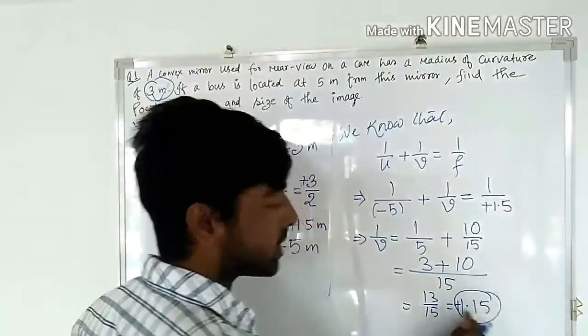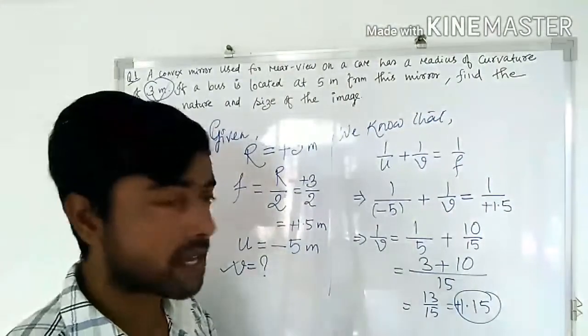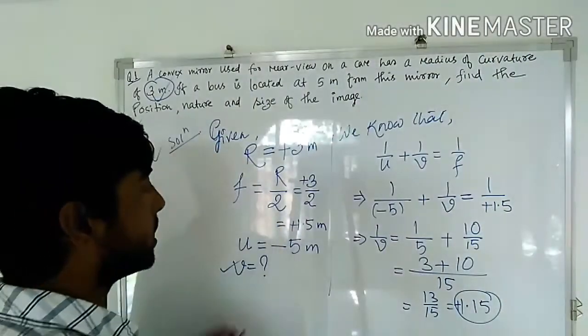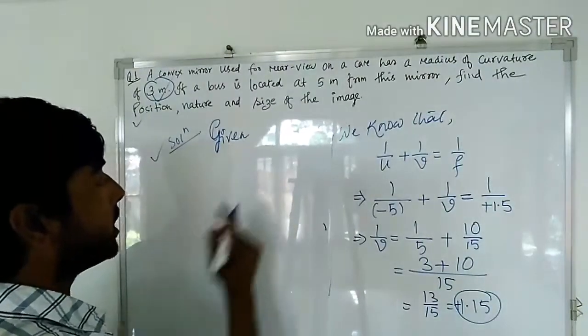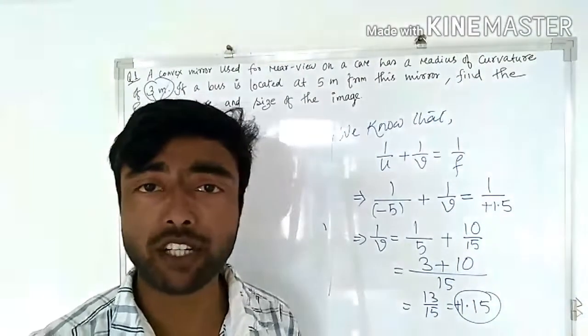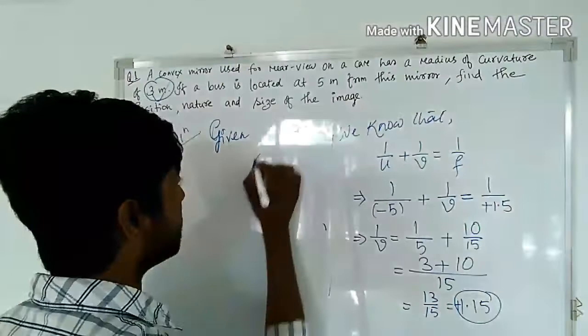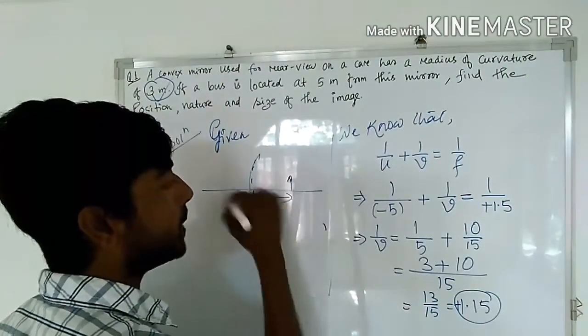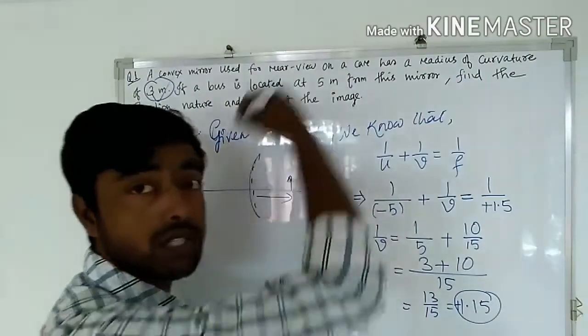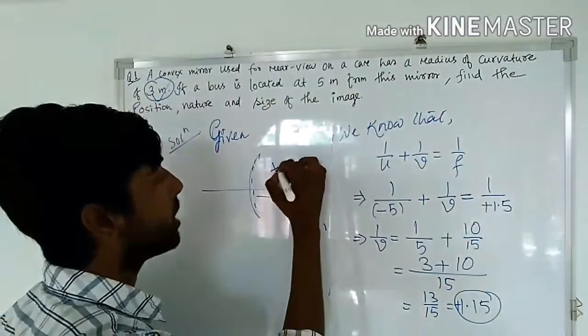You see, that is coming plus. Why is it coming plus? You have to understand, because this is a convex mirror. As this is a convex mirror, the image is always virtual, and a virtual image forms behind the mirror. This is the mirror, so the virtual image will form behind the mirror. Behind the mirror means towards right, and towards right means it will come plus.